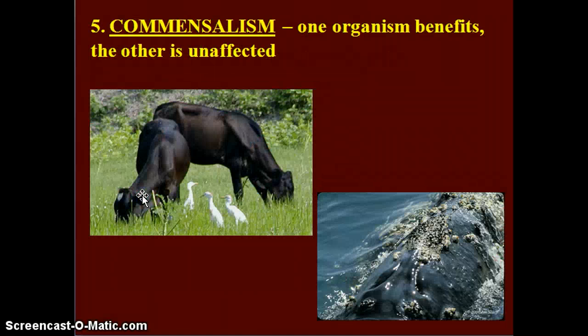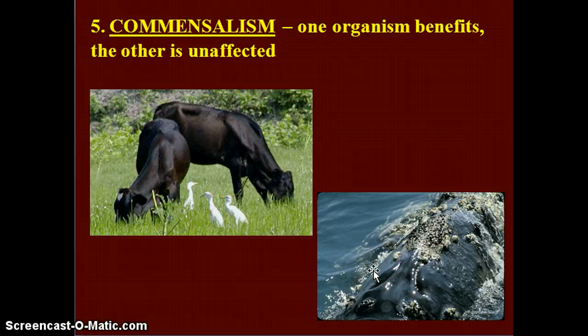The other C is commensalism, where one species benefits and the other is unaffected. The birds in this area are benefiting, because as the cows are stomping around eating, there are lots of insects around them, and the birds will eat the insects around that area. Or the barnacles on the whales. The whales aren't affected. They could care less if the barnacles are there.